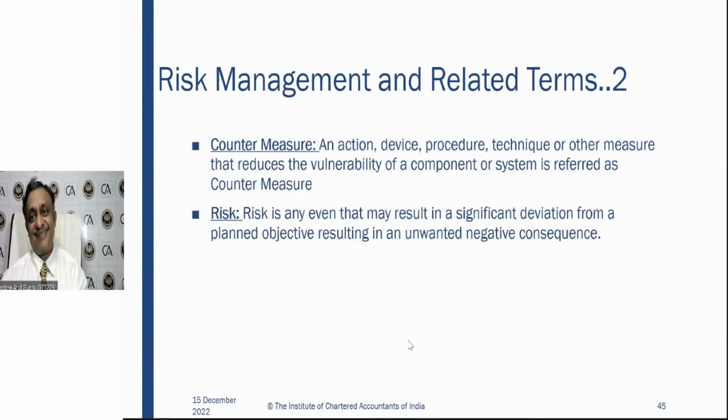Countermeasure. I'll ask the question back to you. Countermeasure is an action, device, procedure, technique, or other measure that reduces the vulnerability of the component or system is referred to as countermeasure. So in my example, you're answering the third question.